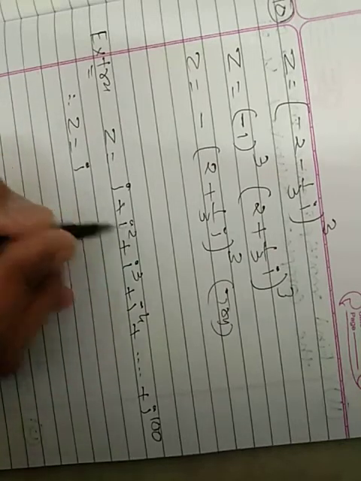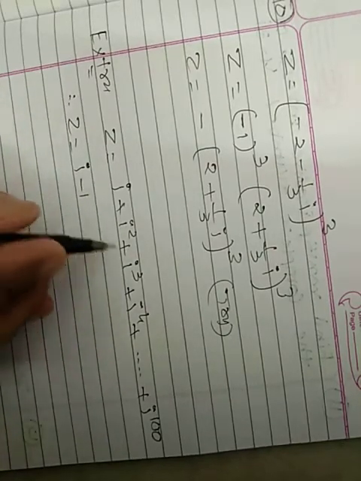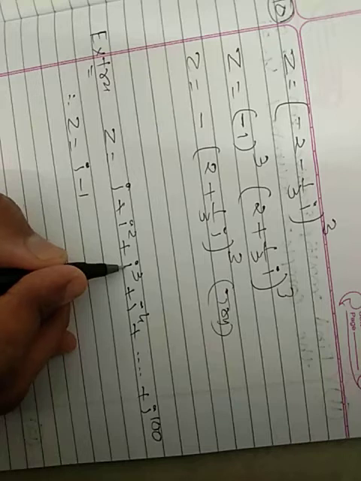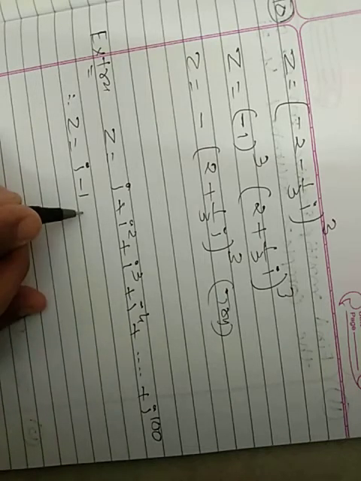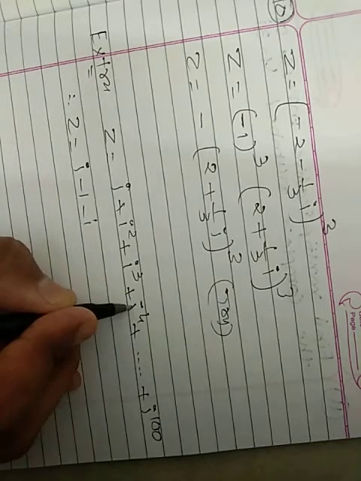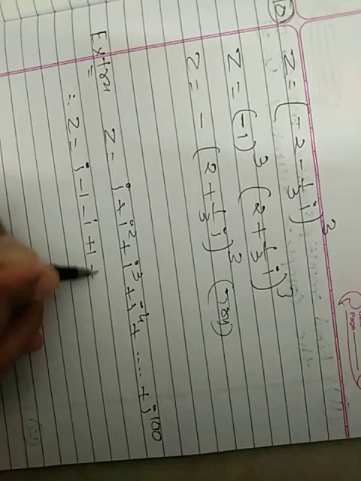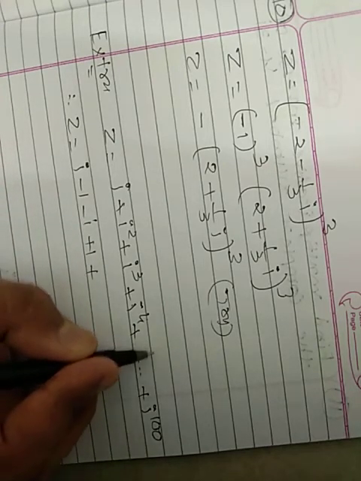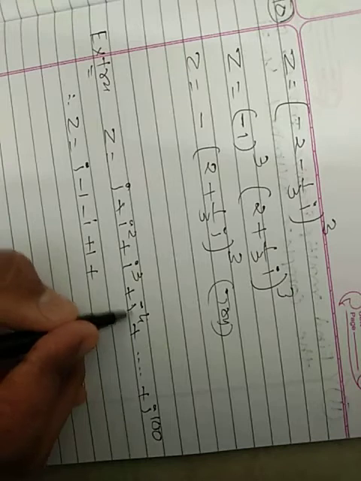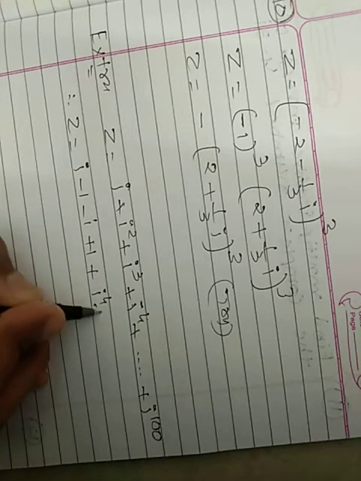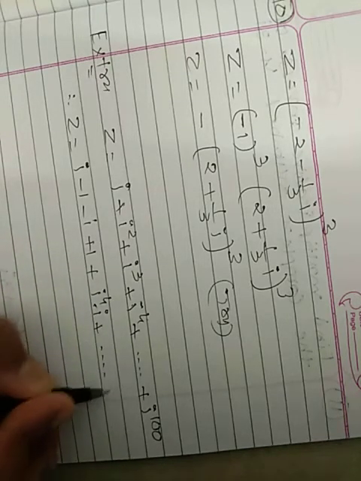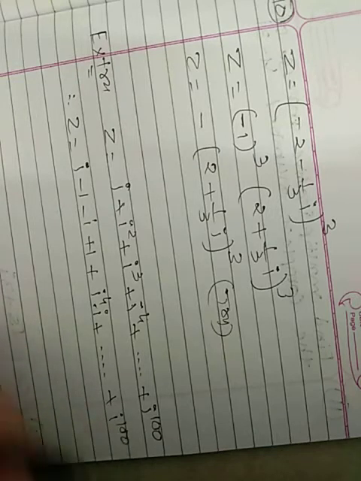i square means minus 1, i cube means i square into i equal to minus i, i raised to 4 equal to 1, i raised to 5 means i raised to 4 into i, up to i raised to 100.